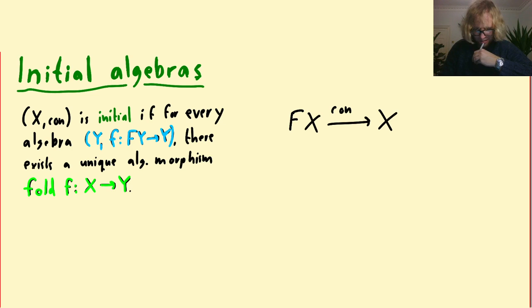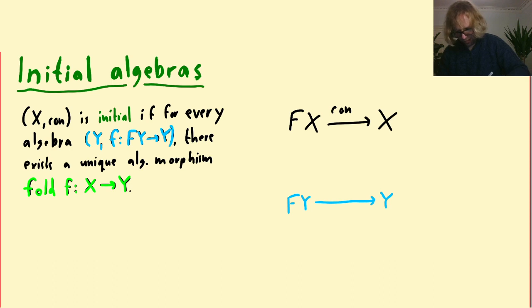That means that the following holds: if we have any other algebra Y, so we have Y here, we have F of Y, and we have some way of interpreting all the structure with an f, then for every such Y and f, there should exist a unique morphism from X to Y, which is usually called fold f. And it should be an algebra morphism, so that means that this diagram should commute, right?